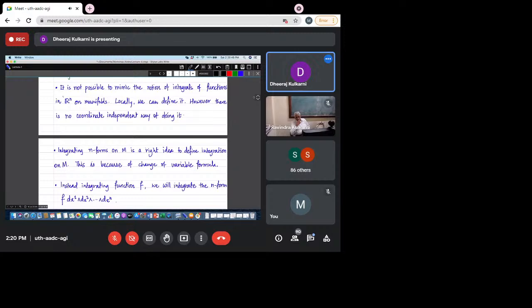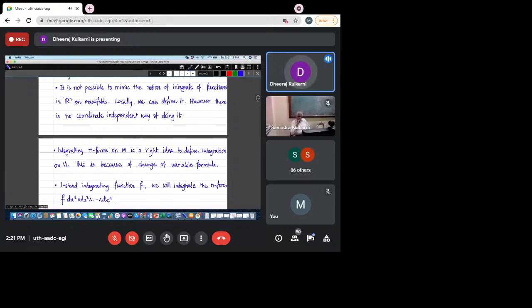With that in mind, we take the function f times the volume element as our n form, and think of the integration of a function as integration of the n form, because a function times the volume element is an n form on Euclidean space, right?